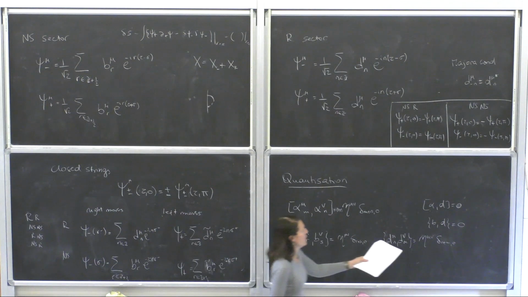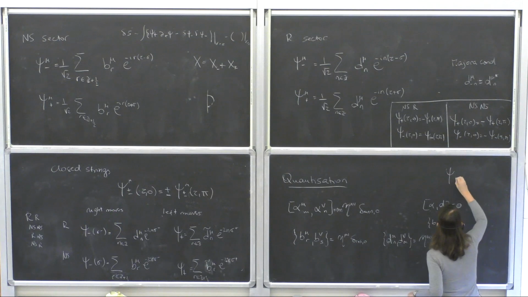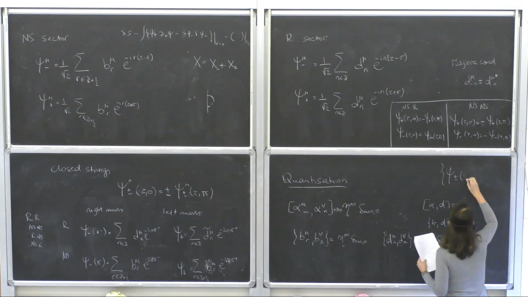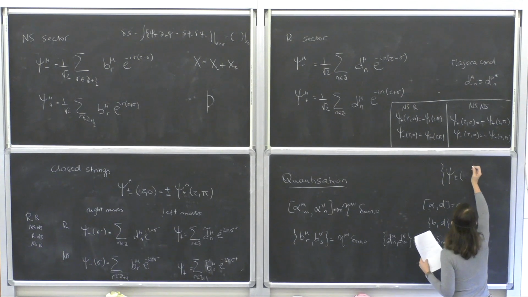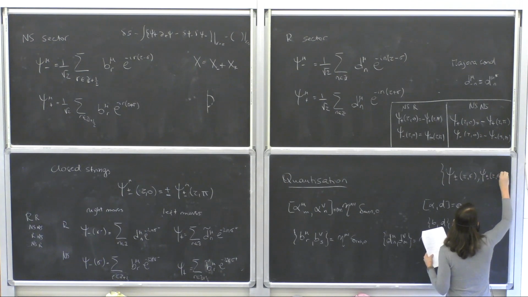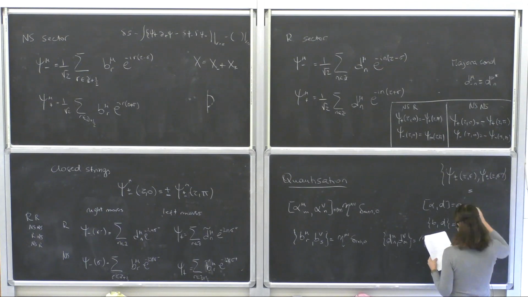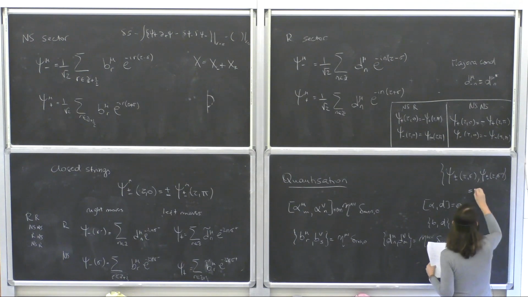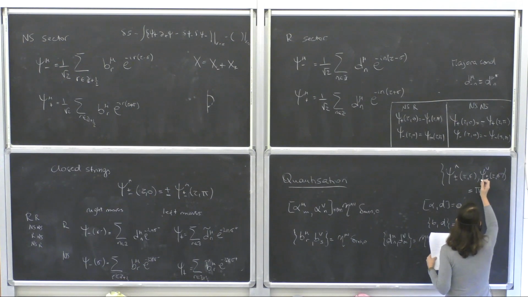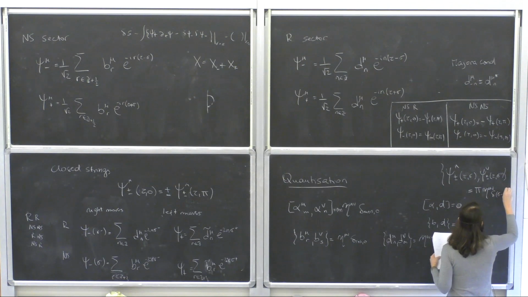And these anti-commutation relations are such that psi plus minus of sigma, tau, and psi plus minus of tau, sigma prime, with indices mu and nu, is equal to pi eta mu nu and a delta of sigma minus sigma prime.